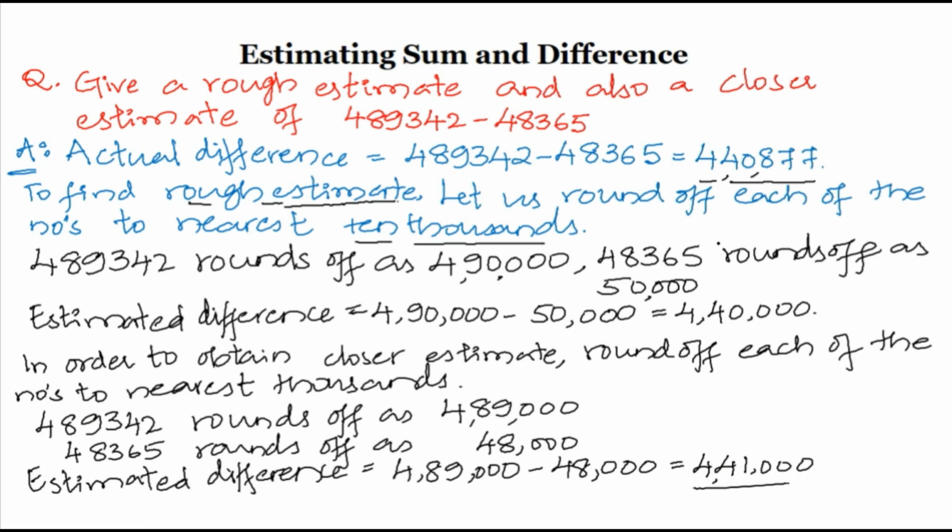Is it 977 or 877? Here there is a mistake. This is 4,40,977.